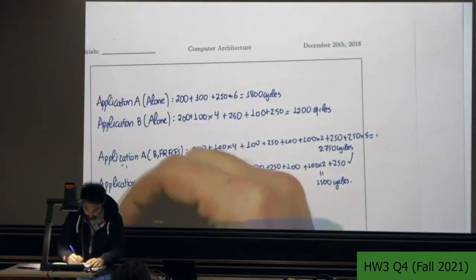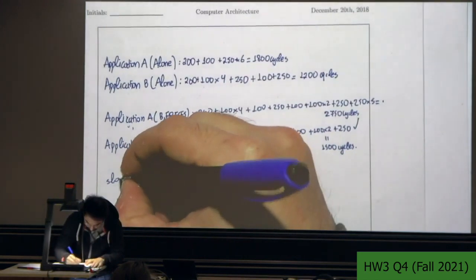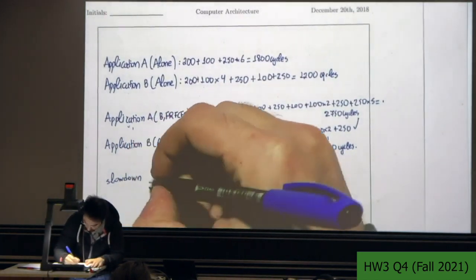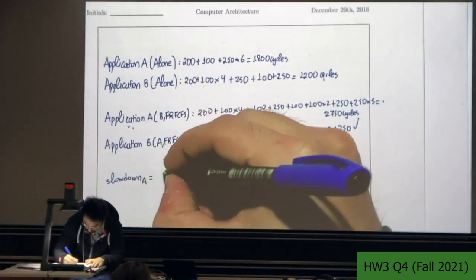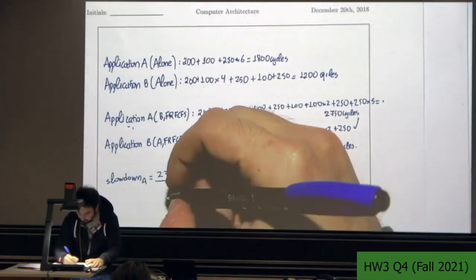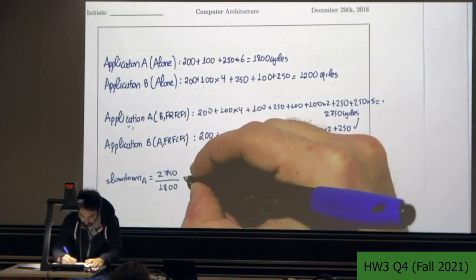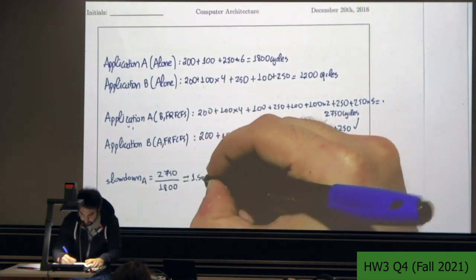So how do we calculate the slowdown? The slowdown of A equals 2,550 over 1,800, which is almost 1.53. How do we do that?